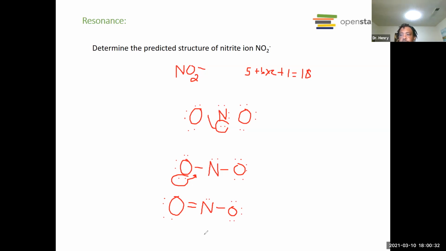Is there any other possibility? Okay, so this is our possibility, right? The other possibility is not really a possibility. It's what we call a resonant structure.